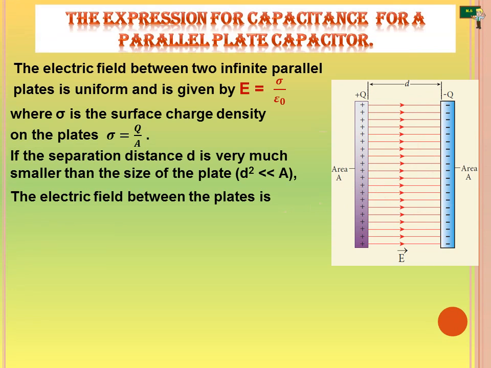If the separation distance D is very much smaller than the size of the plate, that means D squared is very much less than A, the area, then the electric field between the plates is E equal to Q by A epsilon naught. This is equation number 1.